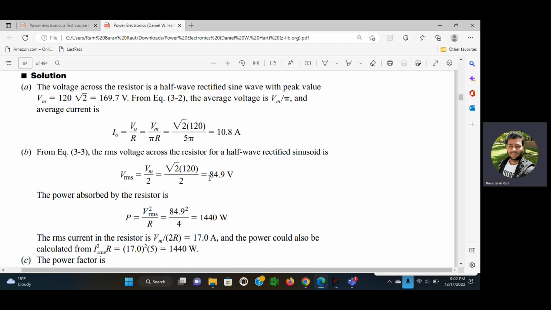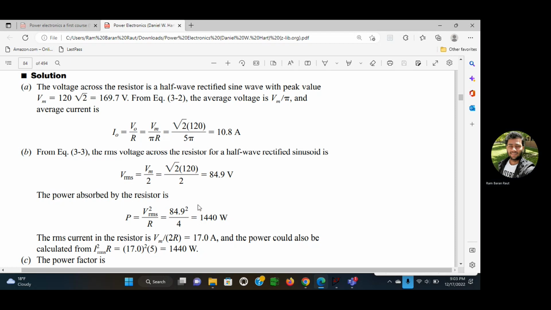So Vm is this one. This needs to be divided by root 2, divided by 2. Because this is a half wave, that's why they are just dividing the peak voltage by 2.